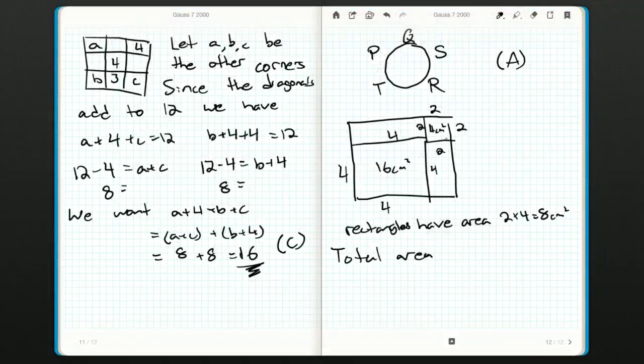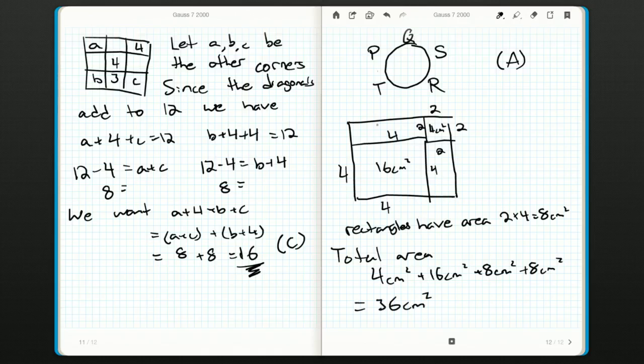Or I could say, I know the area of these rectangles, I know the area of each of these squares, so the total area is going to be 4 centimeters squared plus 16 centimeters squared, and then plus each of the rectangles. And either way is okay, but we always come out to get 36 centimeters squared in total.